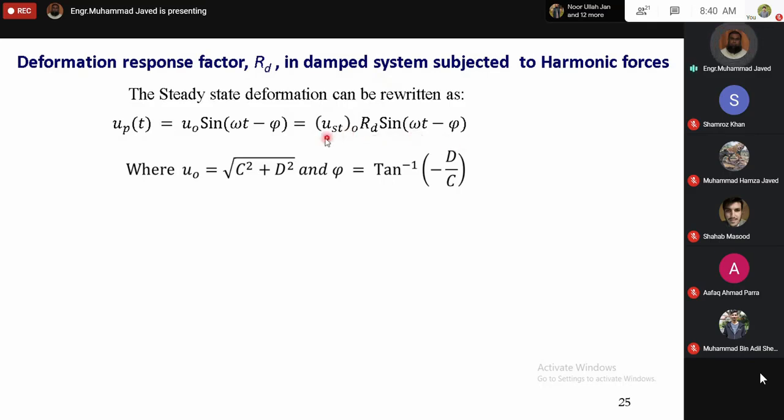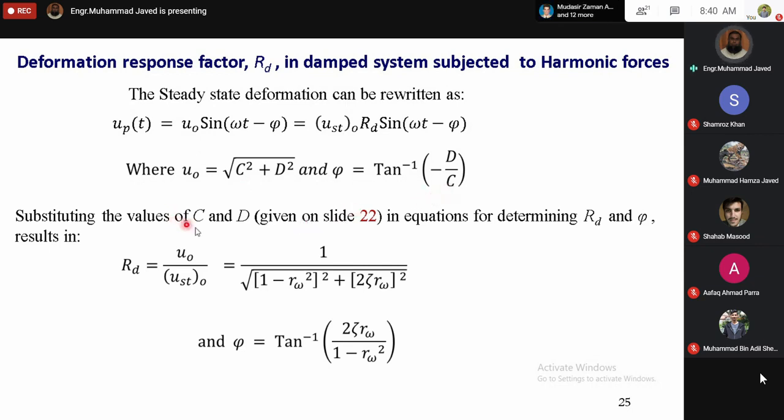In this equation, u_0 is the peak value of total response or peak dynamic displacement, and it can be determined by the square root of c squared plus d squared, where c and d are given on slide number 23. Similarly, the phase angle can also be calculated using those values of c and d.